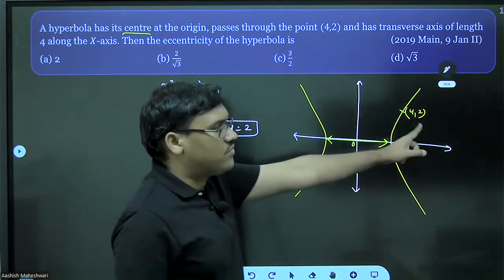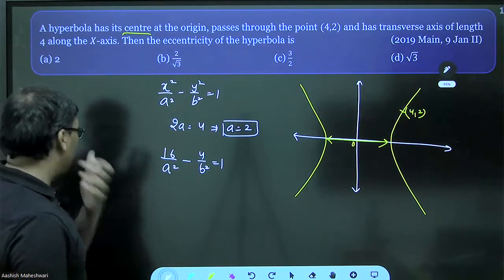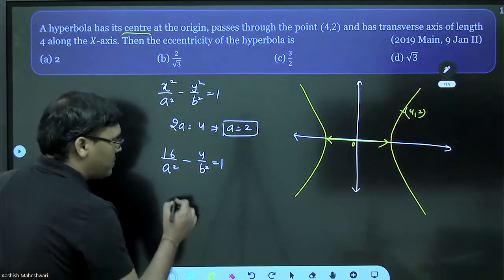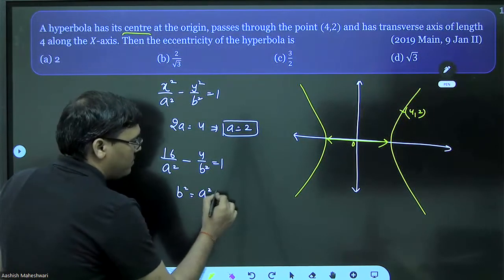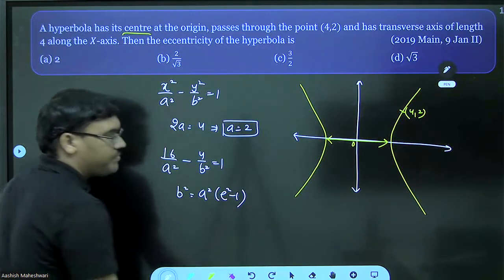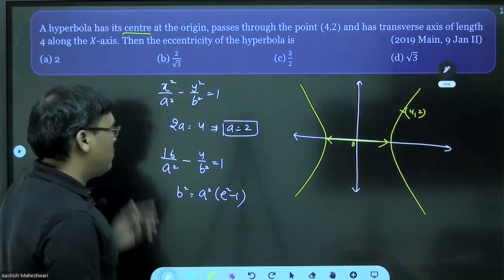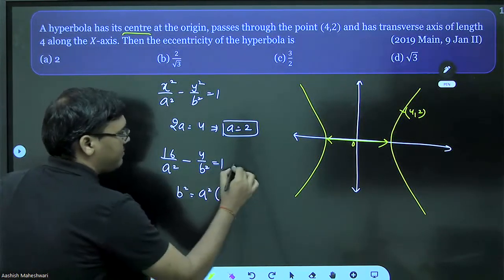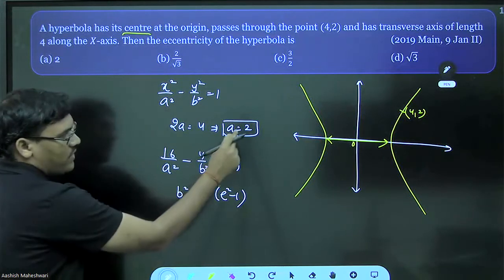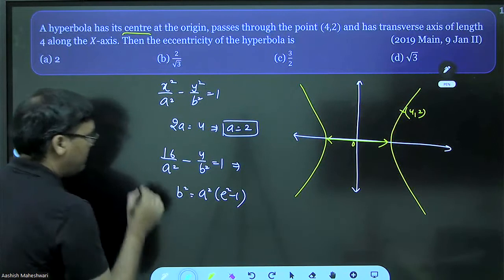I have taken this 4, 2 and this, right? You have to find the eccentricity, and what is the relation between A square and B square? This is B square is equal to A square into E square minus 1. This is the relation. Now you have to just find the eccentricity. A square is 4, so let me do the calculation here.